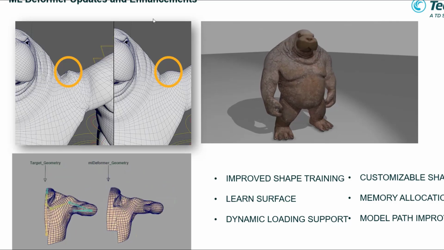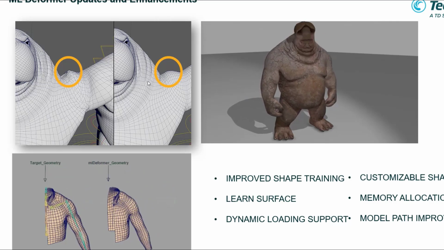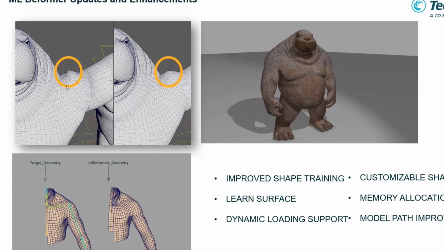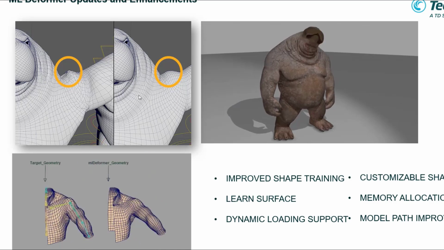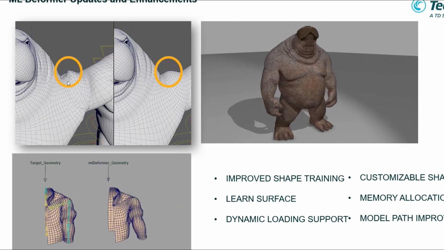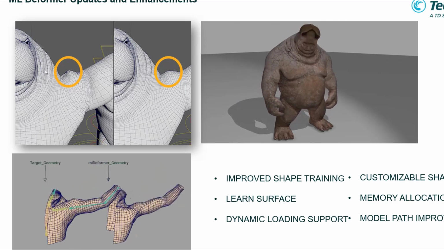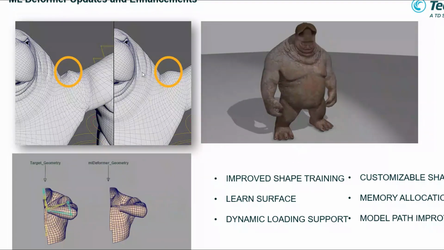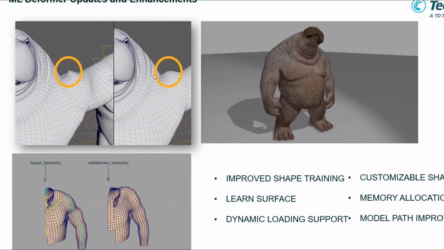This is what you see on my screen right now. This is the new one in update 1, because in 2025 there was a bit of an issue when you do machine learning on some vertices and some areas. It's a bit messy sometimes. That's why in 2026 update 1, they fixed it.